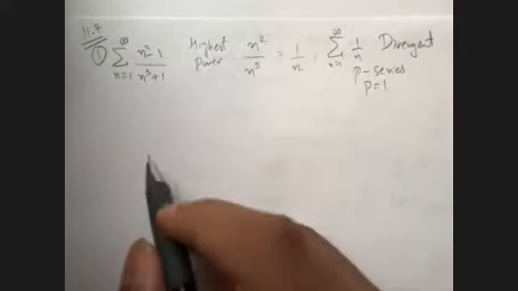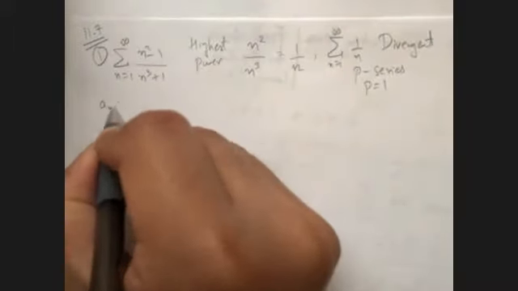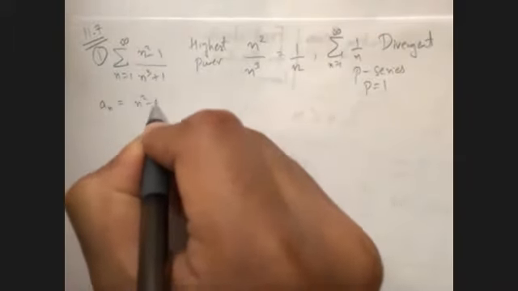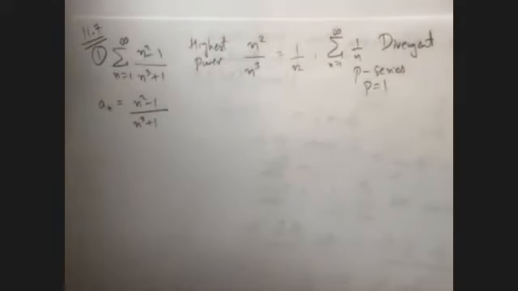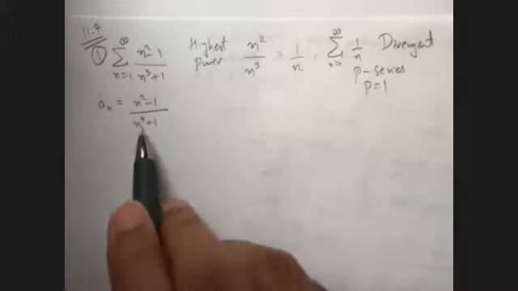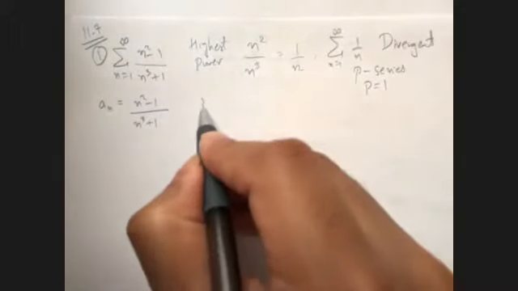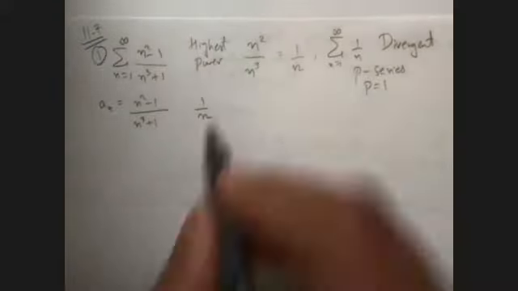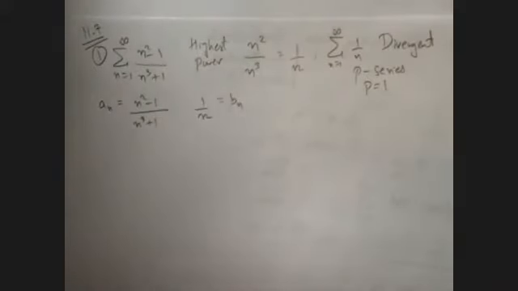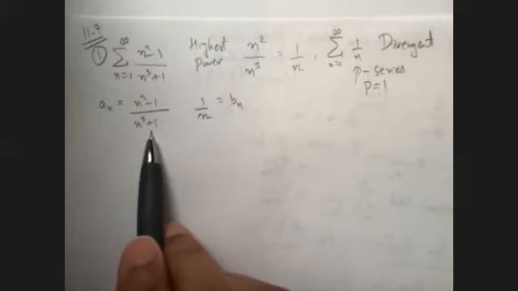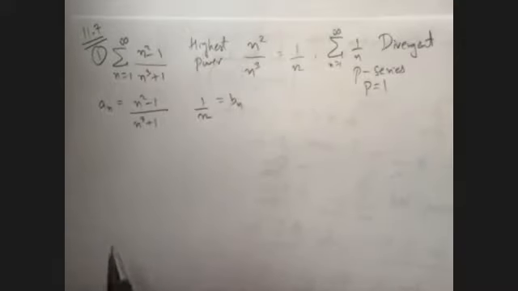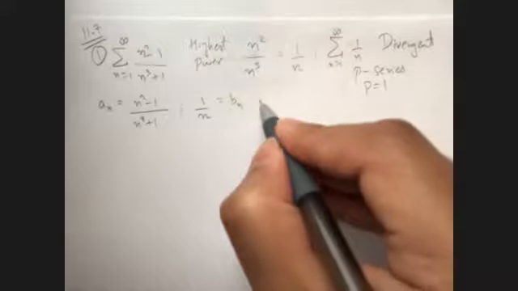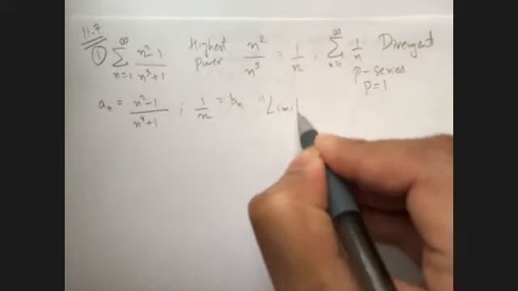So if we call it an, and if you write 1 over n here and call it bn, this numerator is greater than n and denominator. So here we have to use limit comparison test.